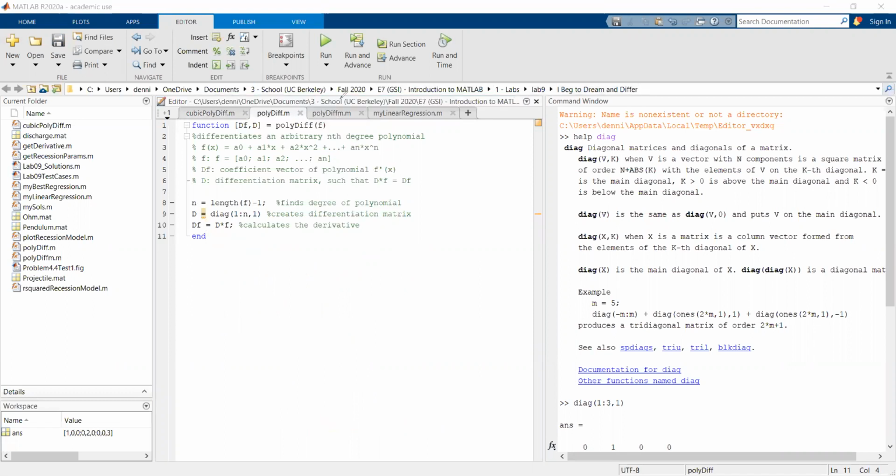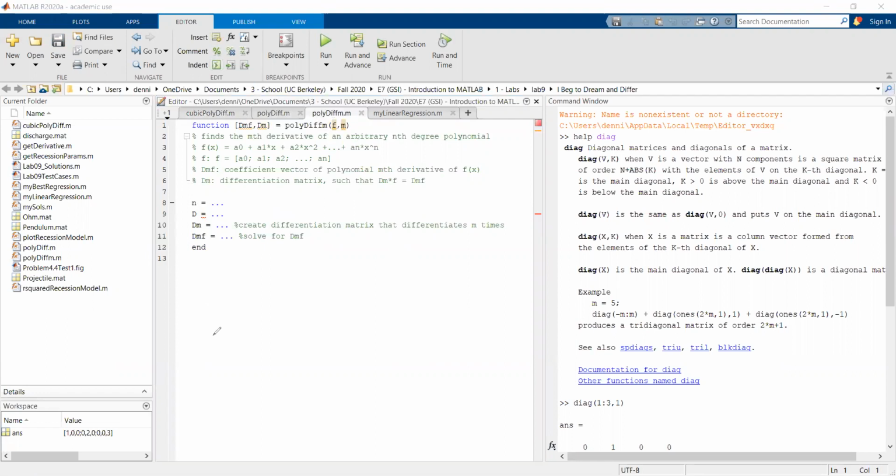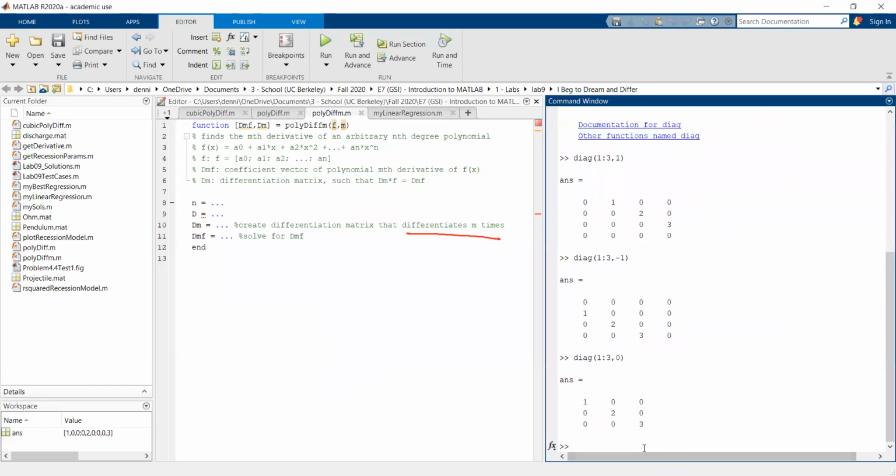Now, I won't go too much into this next part. I will say one thing. You might want to make sure you have this in your toolbox. If you want to do differentiation m times, MATLAB allows you to use this notation. Let's say we have some matrix, like matrix equals magic 3.